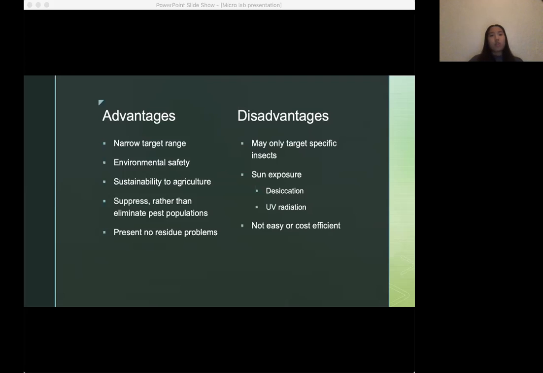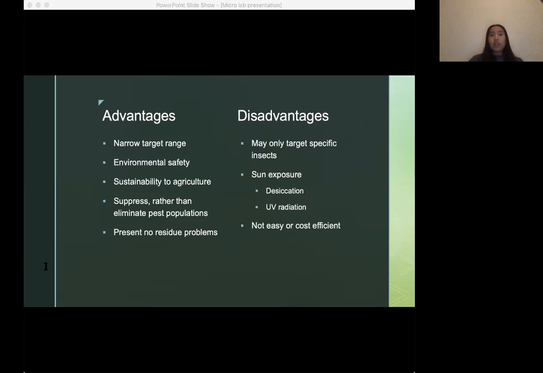Some of its downfalls, on the other hand, would be that some insecticides are only able to target specific insects, so they won't be able to suppress or eliminate the majority of the insect pests in a given area, whereas chemical insecticides are able to do that. Possibly in the future, in research, they will be able to come up with some bacterial compound that is able to eliminate the majority of the insect pests in a given area.